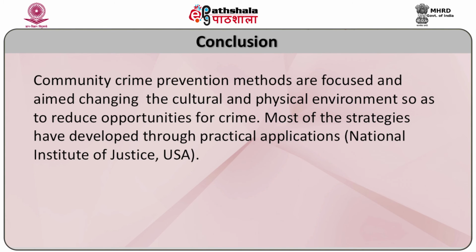Community crime prevention methods are focused and aimed at changing the cultural and physical environment so as to reduce opportunities for crime. Most of the strategies have developed through practical applications.